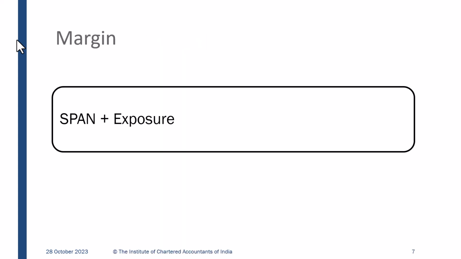Now, when you enter into a contract, you have to pay a margin. Two kinds of margin: span margin and exposure margin. There is span software which calculates the margin. The margin is based on the maximum 1 day loss you can incur. The stock exchange software captures how much loss can happen in 1 day, and they will collect that margin upfront. And there is an exposure margin.